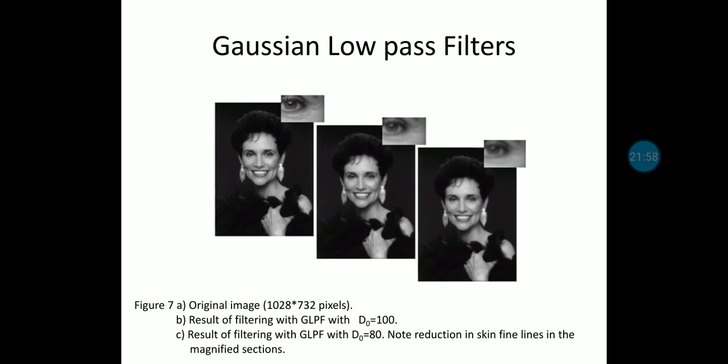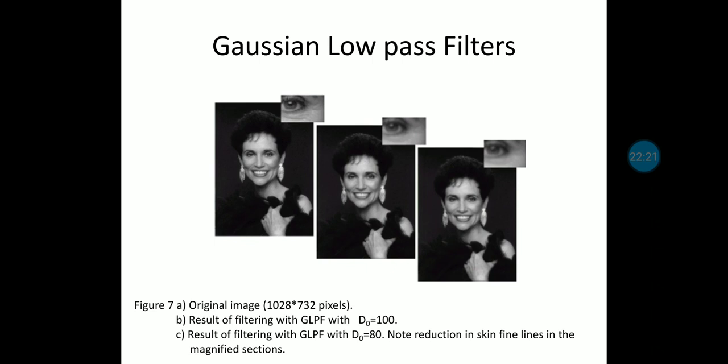Here the original image is of 1028 by 732 pixels, and the middle figure represents filtering with the Gaussian low pass filter with D naught equal to 100.